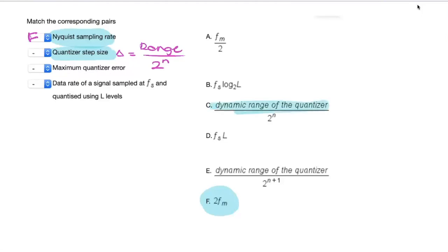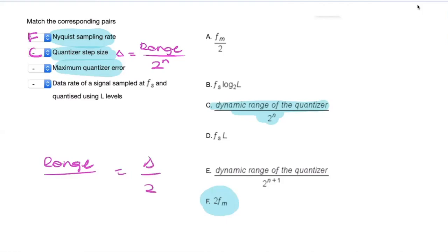The maximum quantizer error, now your error is related to the range and the number of levels. So your error is equal to basically step size divided by 2.